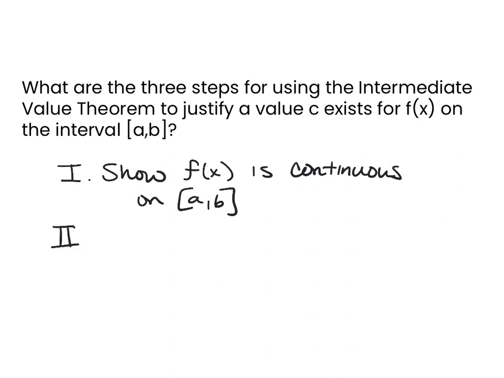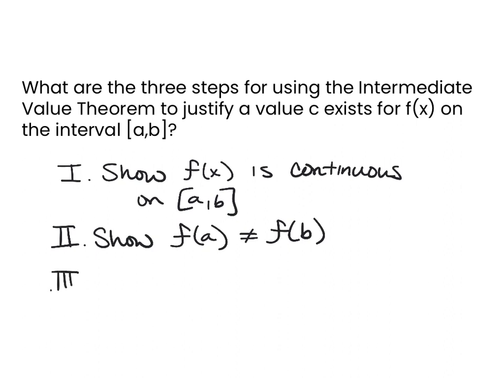Step 2 is to show that f of a is simply not equal to f of b, meaning that there are 2 different endpoints for your interval, that they are just simply not the same. So we would plug in the numbers a and b and see what we get, just make sure they're not the same.